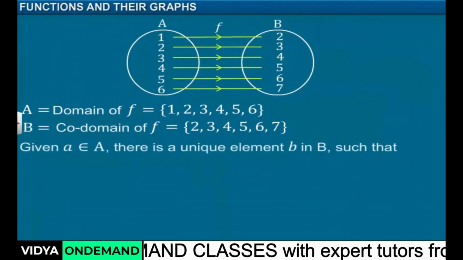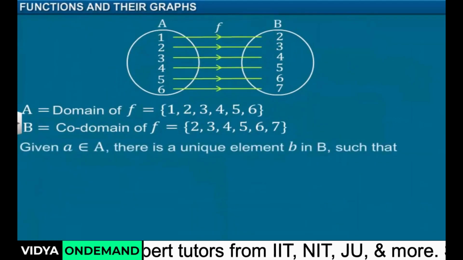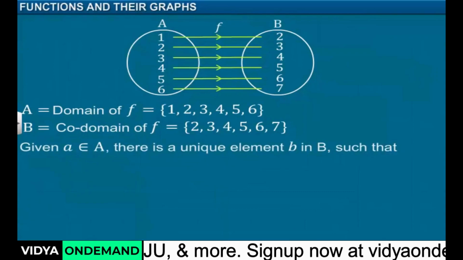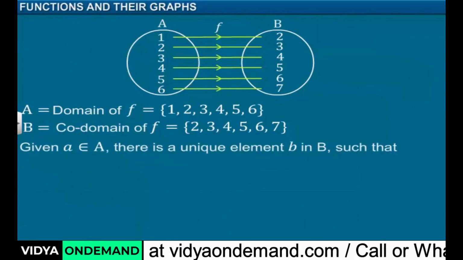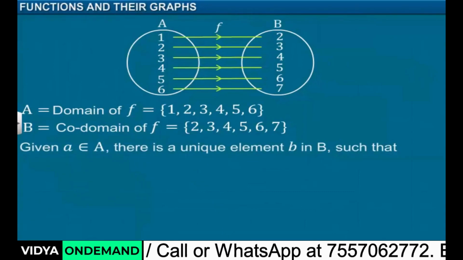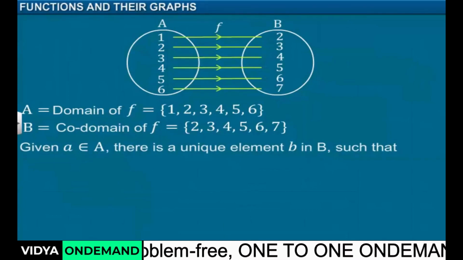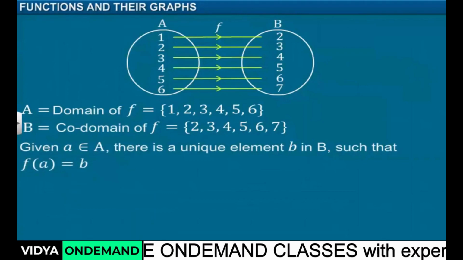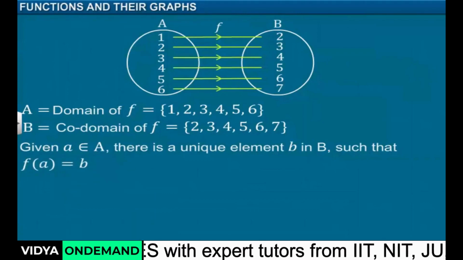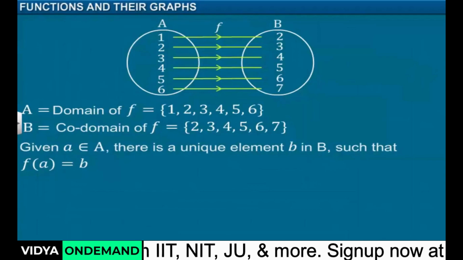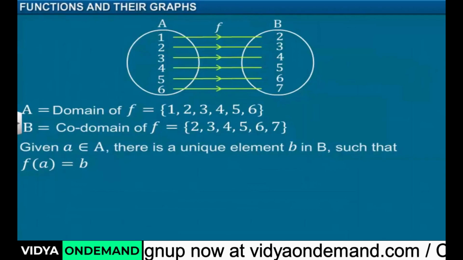Given an element a from set A, there is a unique element b in set B that is related to a. The unique element b, to which f relates a, is denoted by f of a and is also called the value of f at a, or the image of a under f.